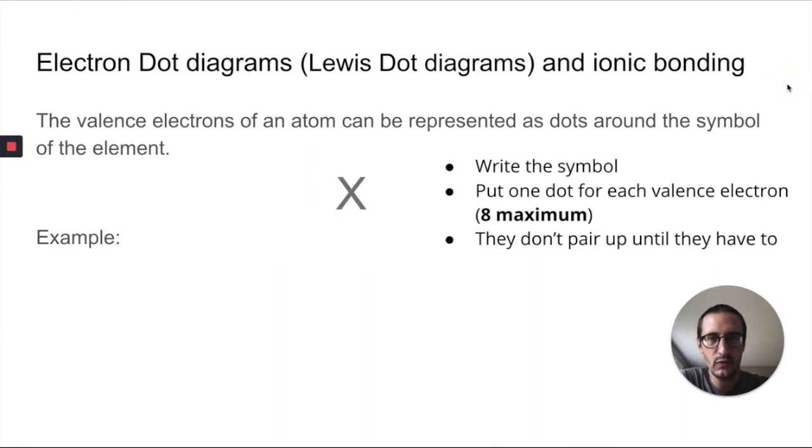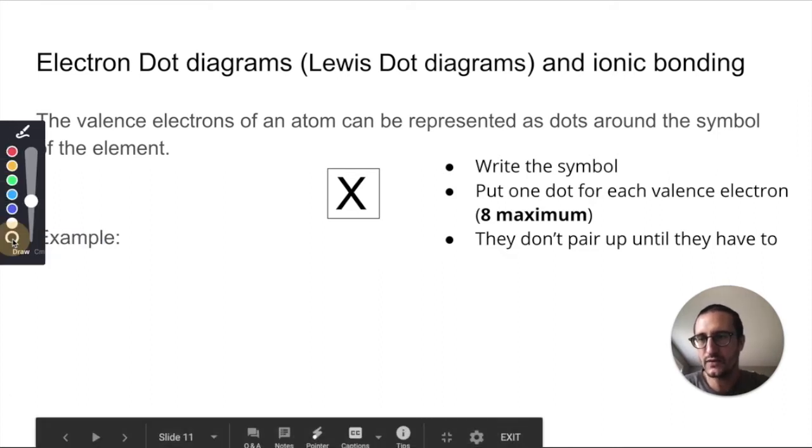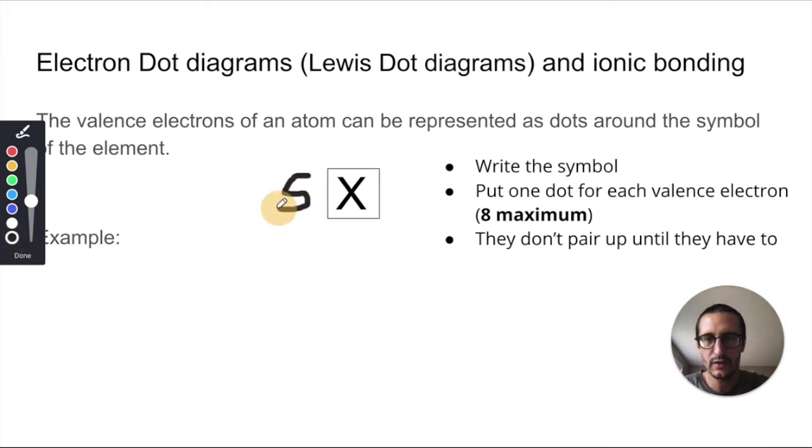We write the symbol of the element, and I always think of a square around that symbol, because the sides of the square, that's where the valence electrons go. And I always think of each side of the square as an orbital. So one side of the square represents the s orbital, and the other sides represent those 3 p orbitals.